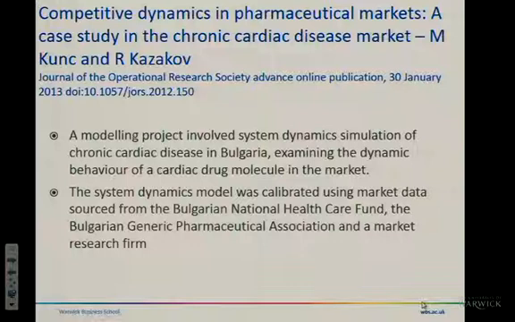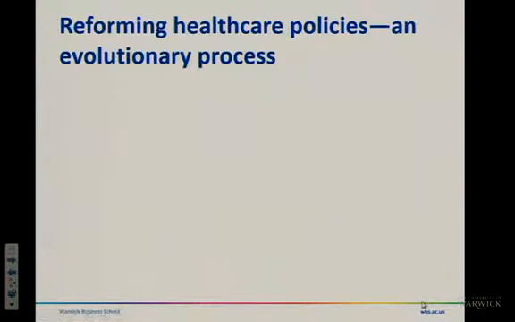So the system dynamics model was generated with many stakeholders, and the information was sourced from many of them: the National Healthcare Fund, the Generic Pharmaceutical Association, and a market research firm that provided quite a number of the information. So why is it important to reform healthcare policies?